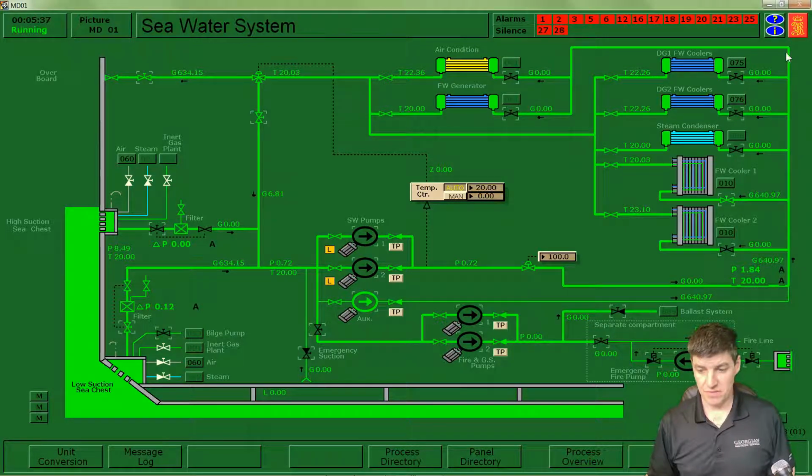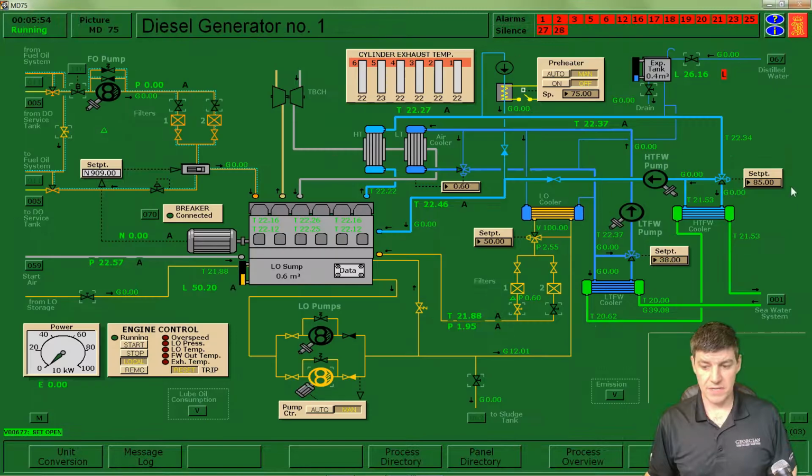And if I scan through my heat exchangers here, I see that I have diesel generator 1 cooler, which is my 7.5. So I'm going to open up this valve. And I'm going to go back to 75 and just validate that, yes, I do have seawater flowing.